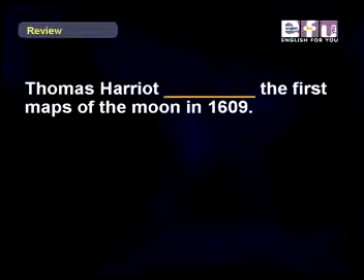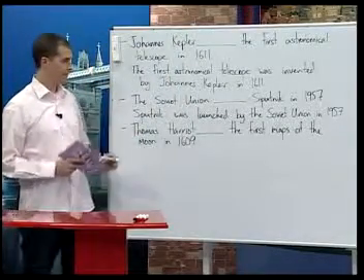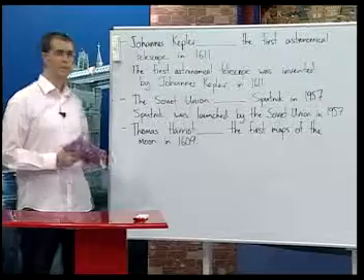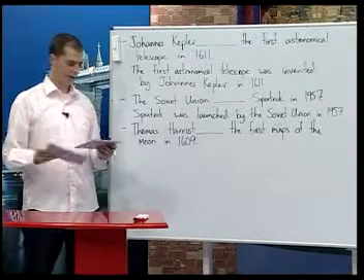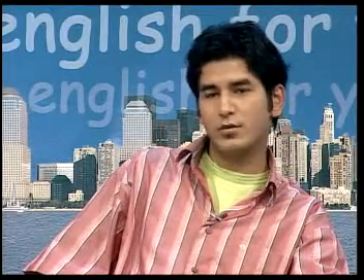Now, Thomas Harriot, something, the first maps of the moon in 1609. The first maps of the moon were drawn by Thomas Harriot in 1609.